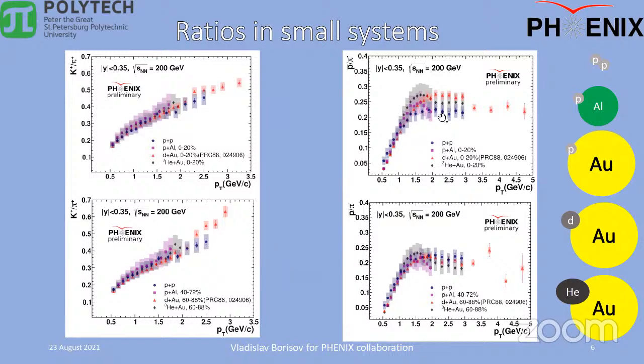In central collisions, top right figure, they are a bit greater than the ratio in proton-proton and proton-aluminum collisions. In peripheral collisions, ratios in all systems are in agreement, bottom right figure. K to pi ratios are in agreement in all centralities and in all systems, left figures.